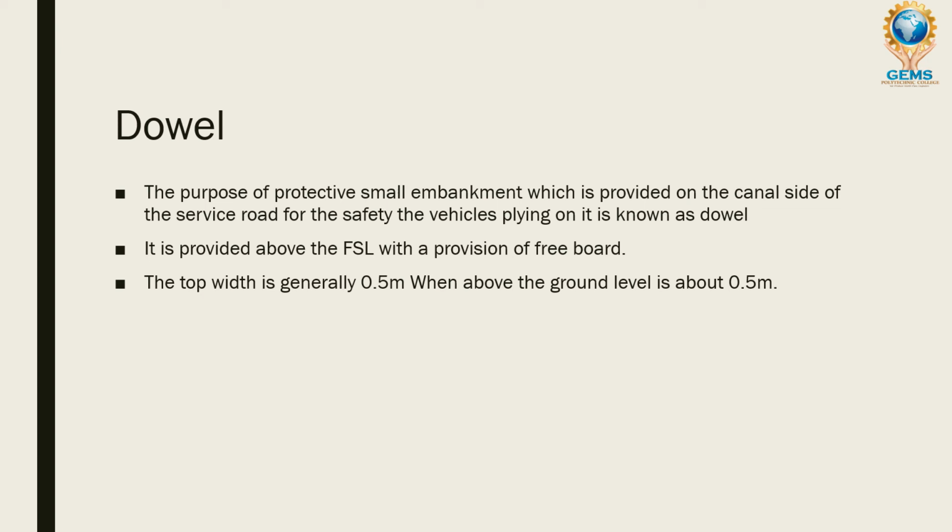It is provided above the FSL, the level up to which the maximum water is retained, with the provision of the freeboard. The top width is generally 0.5 meter above the ground level.